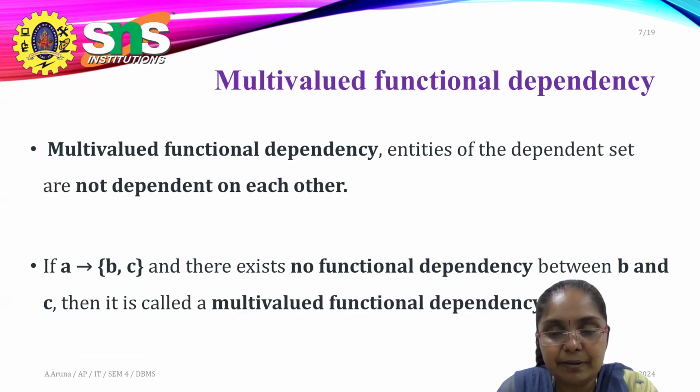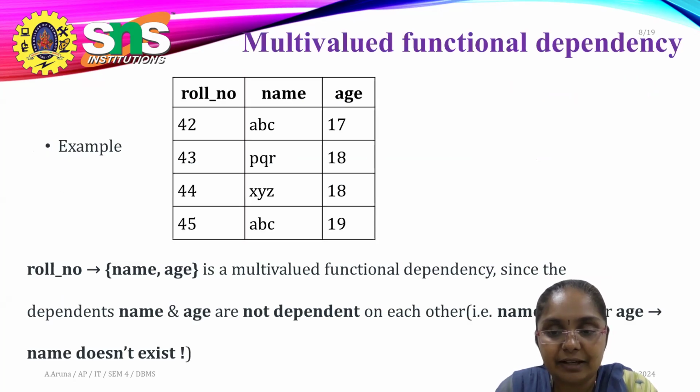Next is multi-valued functional dependencies. Entities of the dependent set do not depend on each other, and they can contain multiple values. A real-time example for this is our phone number. A user can have more than one phone number. So a user can have 10 phone numbers, so a user can have multiple values there. These types of dependencies we call multi-valued functional dependencies.